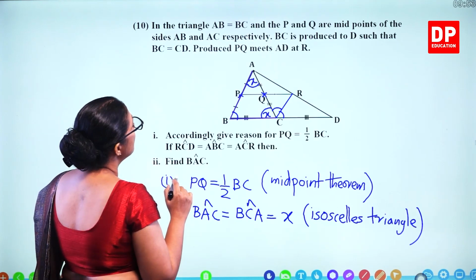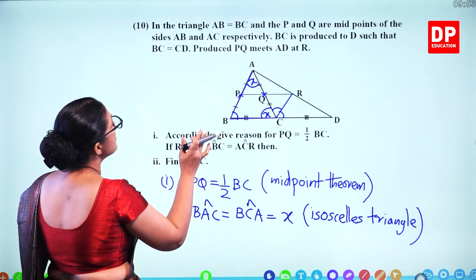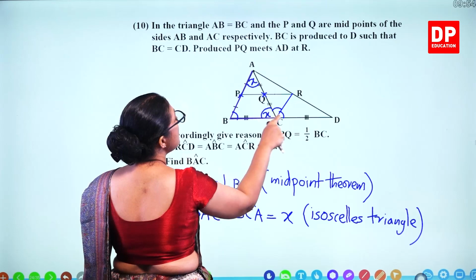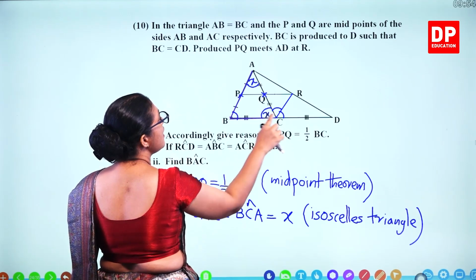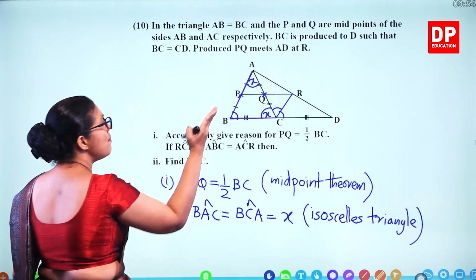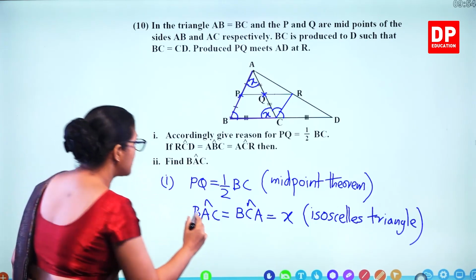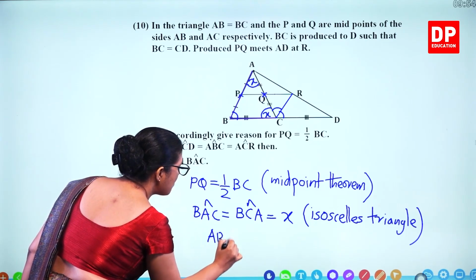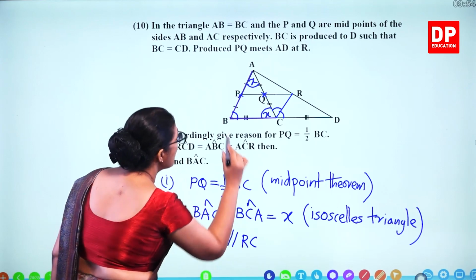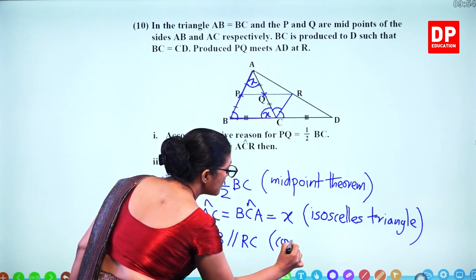Then what else can we say? According to these two angles being equal, that means we can say AB is parallel to RC. AB is parallel to RC because corresponding angles are equal.